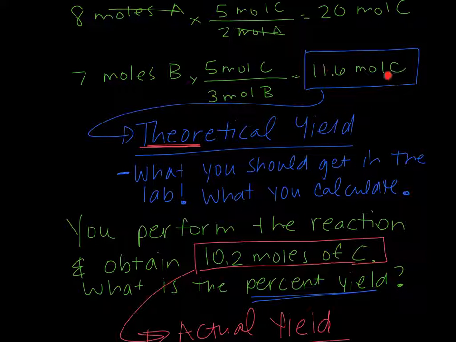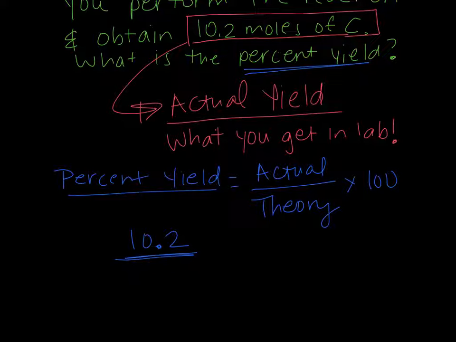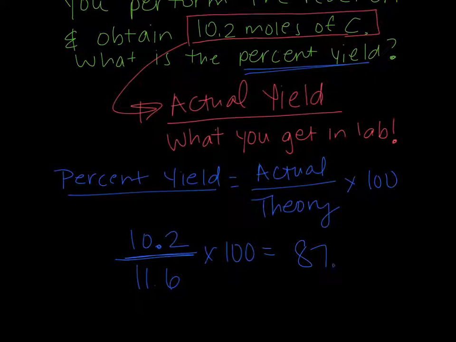Which was 11.6 moles. And then to make it a percent, we have to multiply by 100. And so we end up with 87.9%. So this reaction had an 87.9% yield. We got 87.9% of what we should have gotten.